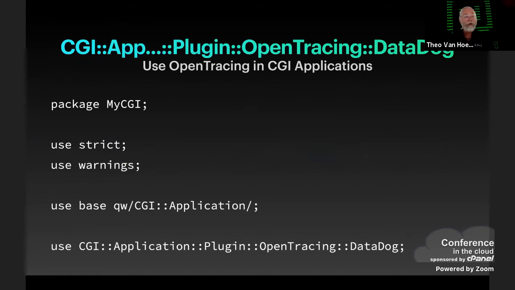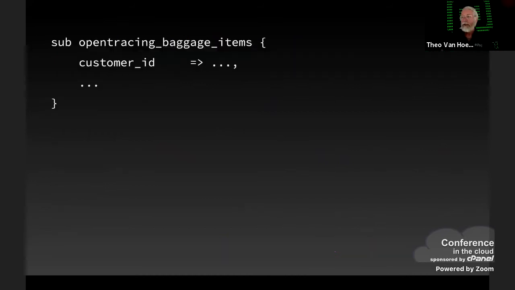So with CDI, you just use the CDI application plugin OpenTracing, and that's basically it, I would think. And if you use this module, that's all you need to do. Maybe do some customization. You want to add some customer ID in your OpenTracing baggage items. Those will be carried over.